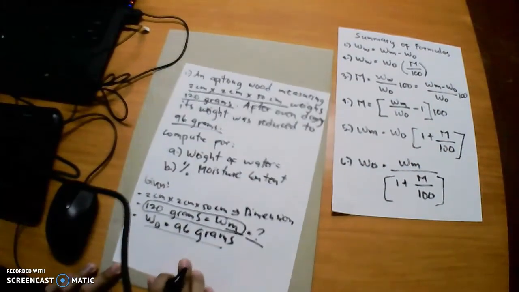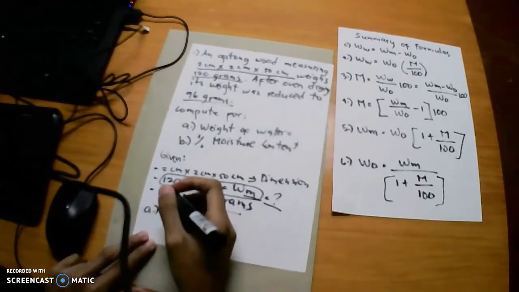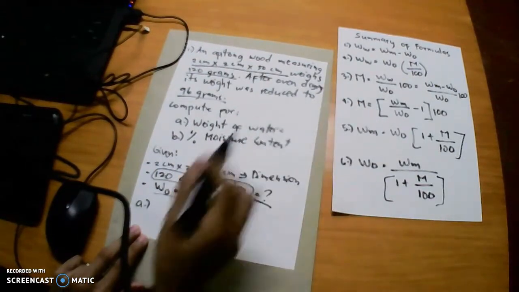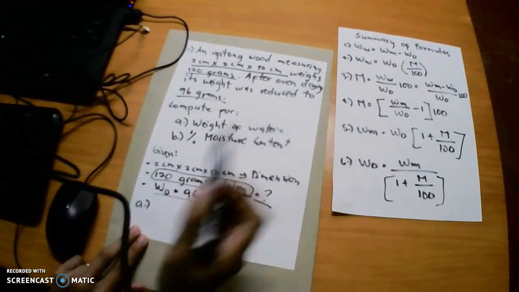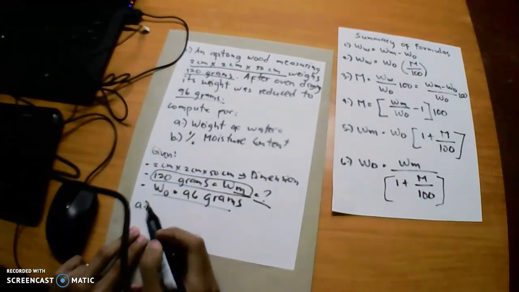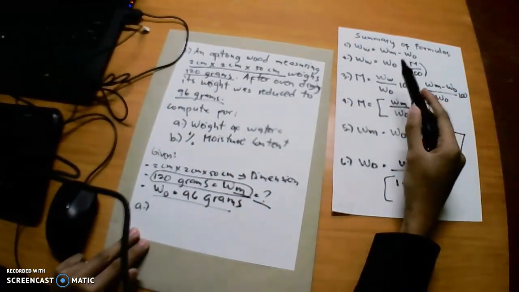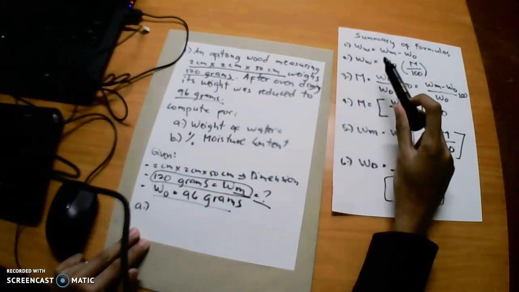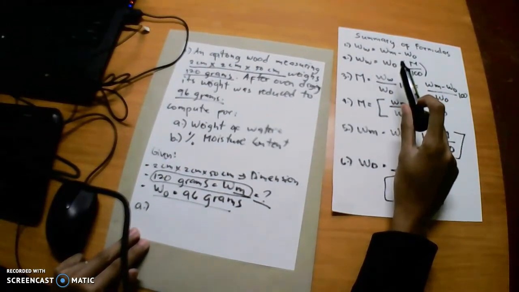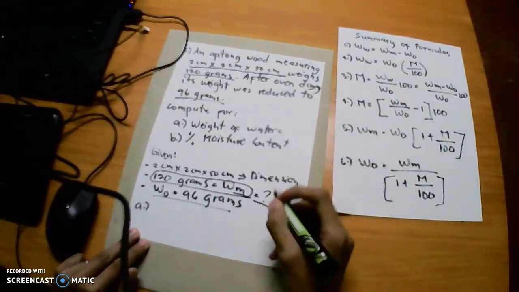So first, let us compute first for weight of water. Now, balik ka nga sa imong summary formula. Kung sa man dito nga mga formula na pwede natong magamit para ma-compute ang weight of water. Kita na itong balik dari sa number 1. Number 1, the weight of water is equals to WM minus WO. May na ba kita WM? Check. May na ba kita WO? May na iha.